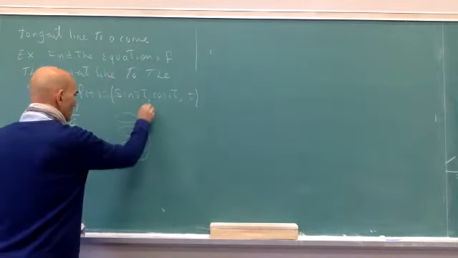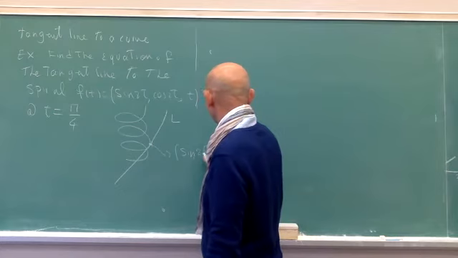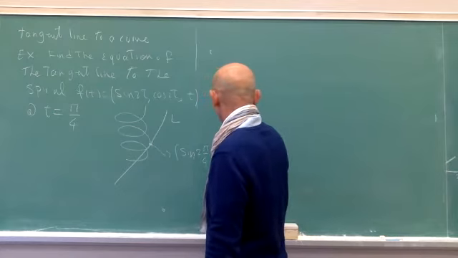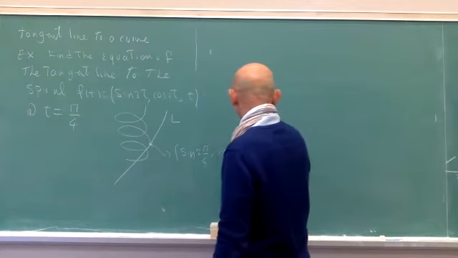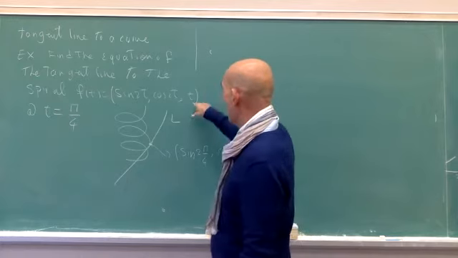What do we need in order to get the equation of the tangent line? I need a point, which I do, which is sine of 2 times pi over 4, cosine of 2 times pi over 4 and pi over 4.